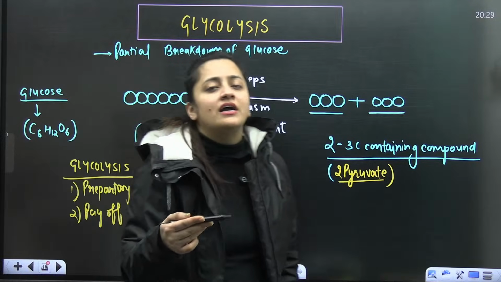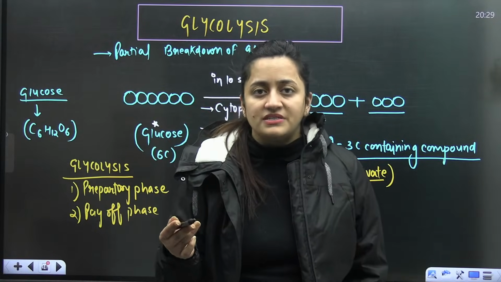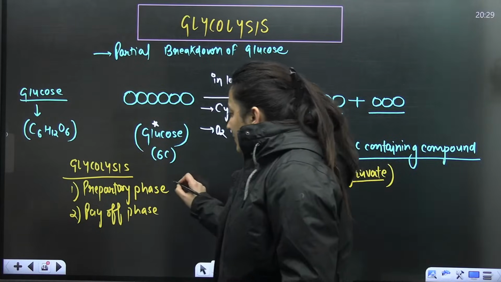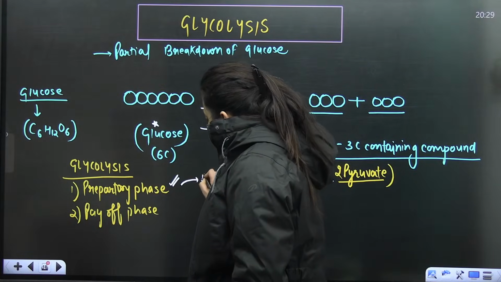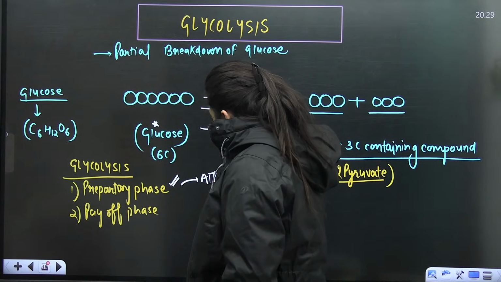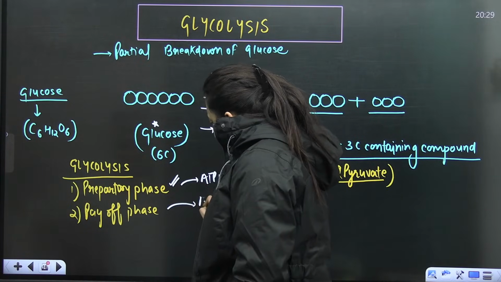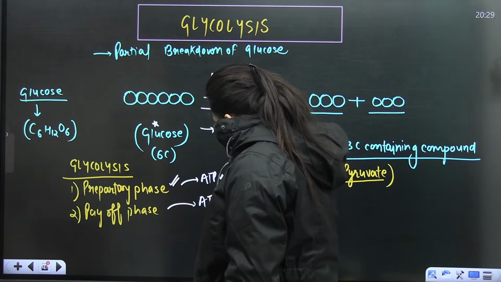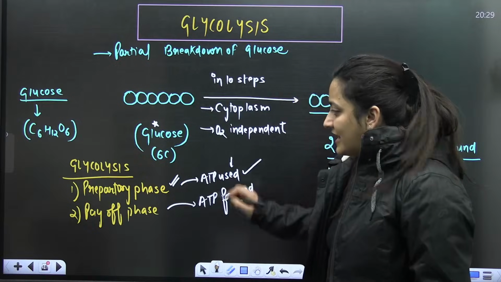Let's suppose you want to start a business. First you need the idea and obviously then the investment. In the preparatory phase, ATP will be used. In the payoff phase, ATP is formed. It's like first you are investing money, then you are making money.